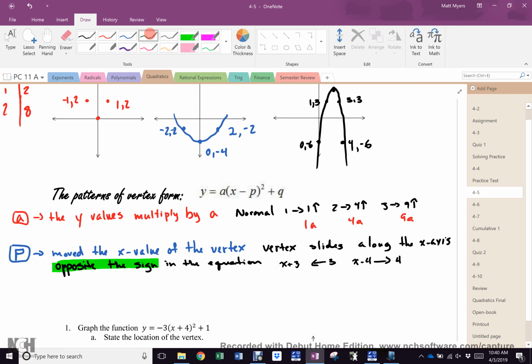Next letter, Q. What does Q do for us? It moves the y value of the vertex.